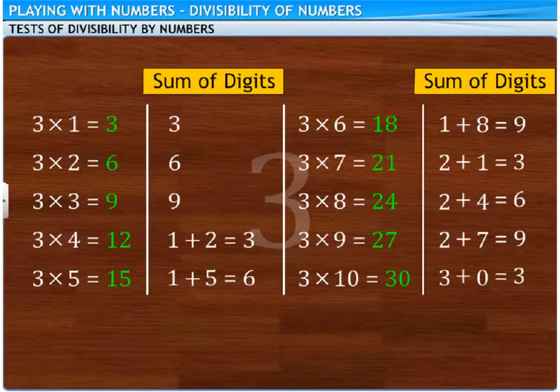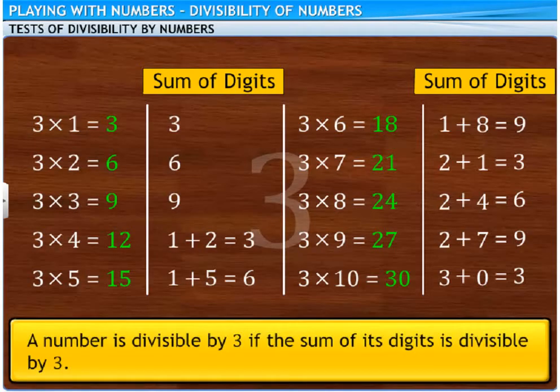Note that the sum of the digits of each multiple of 3 is also divisible by 3. This is true for all multiples of 3. Thus, if the sum of the digits of a number is divisible by 3, then the number is divisible by 3.